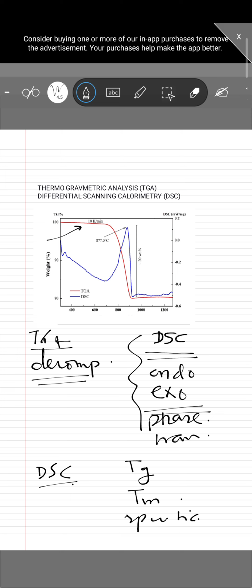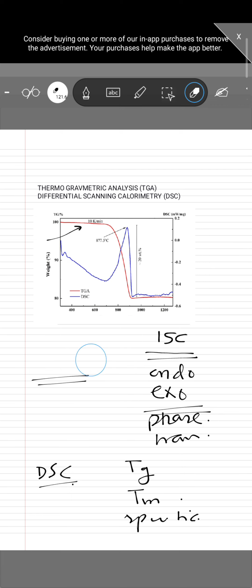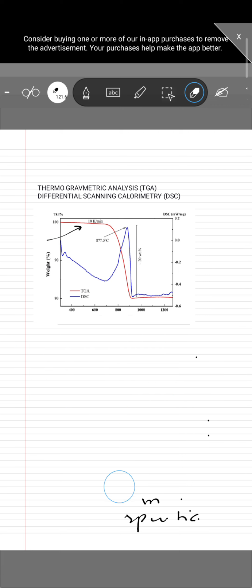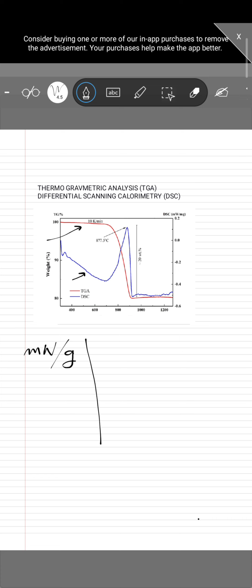Now let's focus on how our DSC plot looks like. From the diagram given here, the blue one is the DSC plot. So if you plot it separately, you have milliwatt per gram on the y-axis and temperature on the x-axis, and you have a 0 at this point.